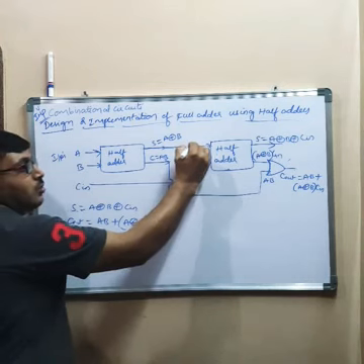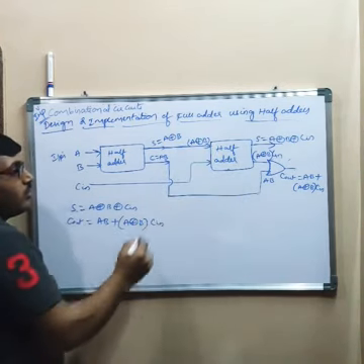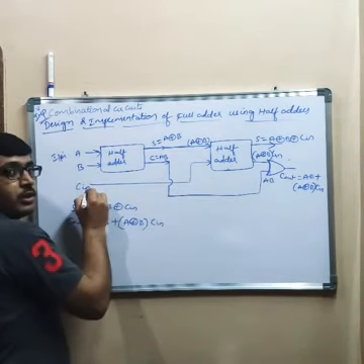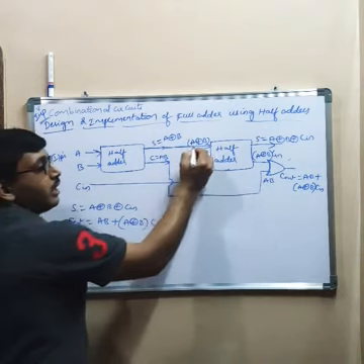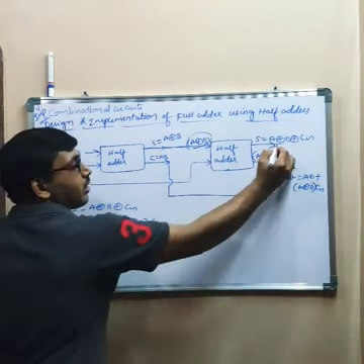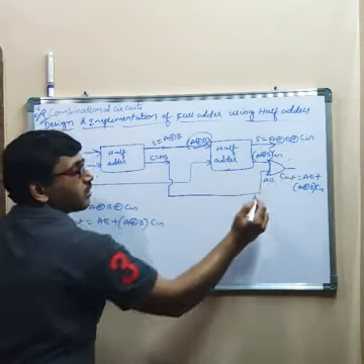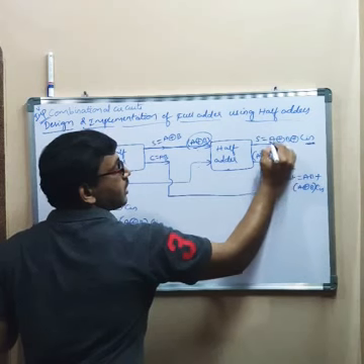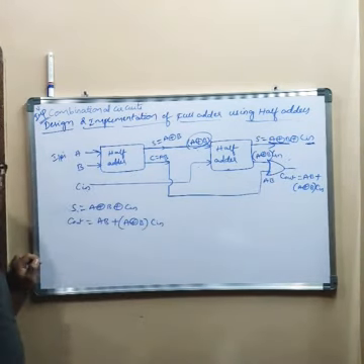Now this input is A XOR B, right? The other input is C. So the half adder sum is equal to A XOR B. A is this one, B is this one. We got the expression for sum.